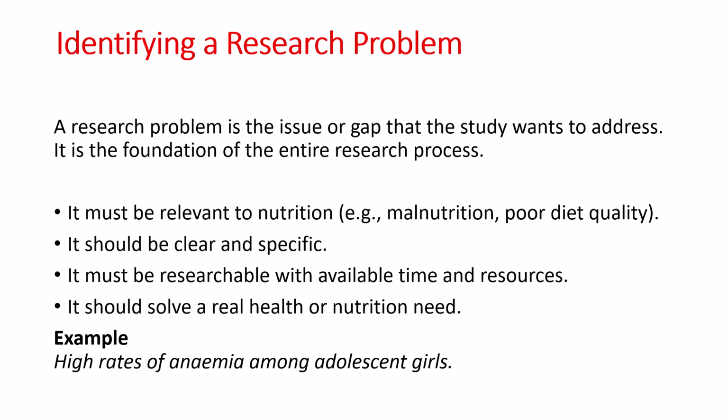This problem must be relevant to nutrition, it should be clear and specific, it must be researchable, and it should be one that can solve a real health or nutrition need. Example is a high rate of anemia among adolescent girls.